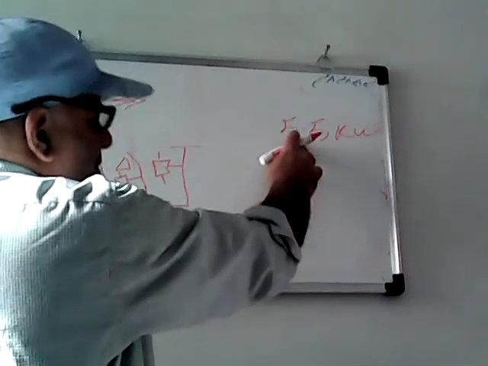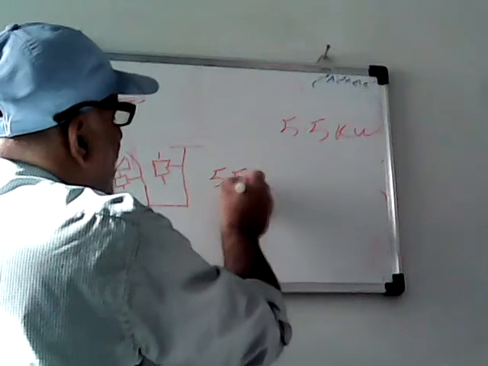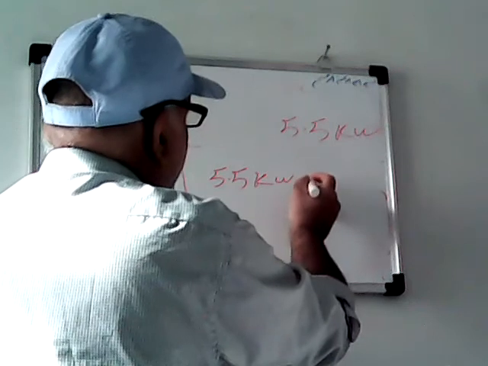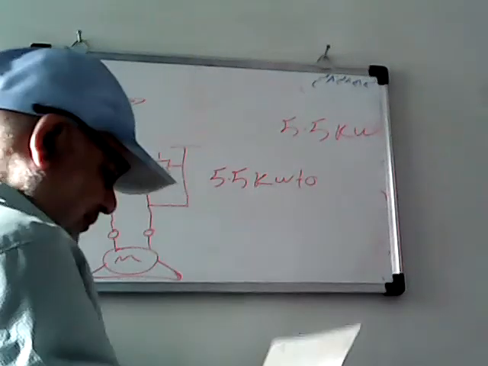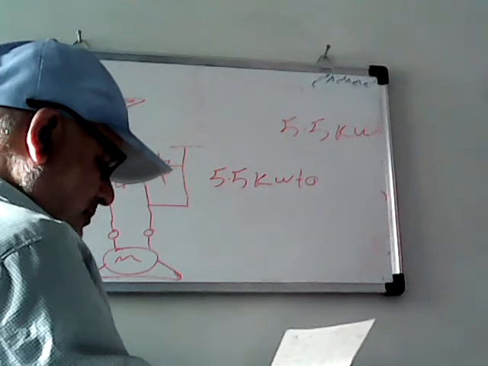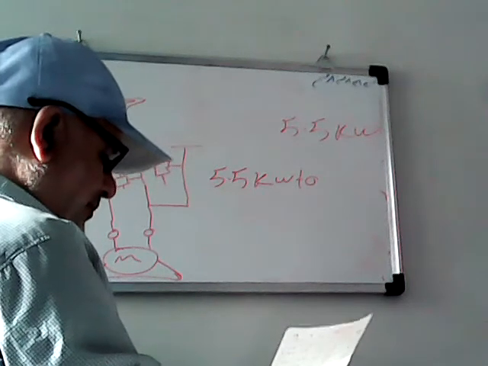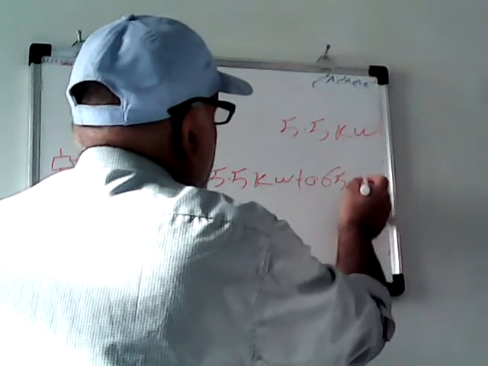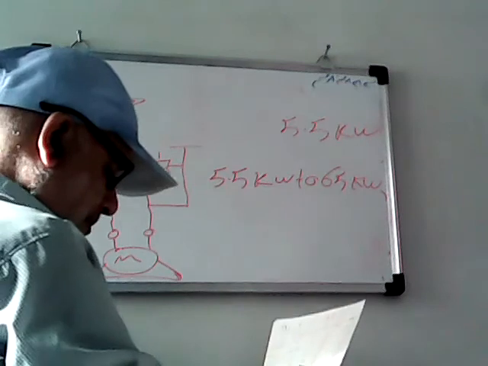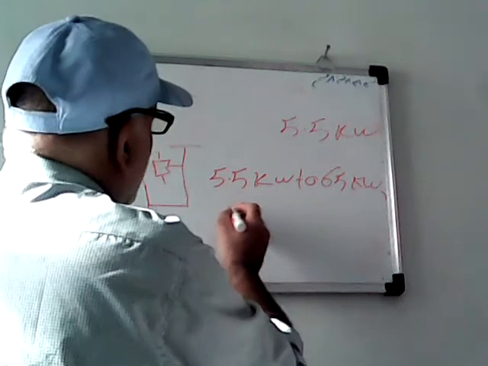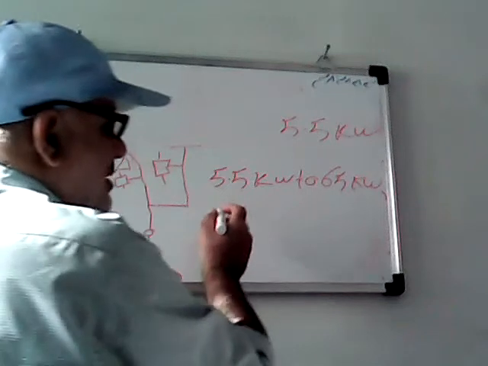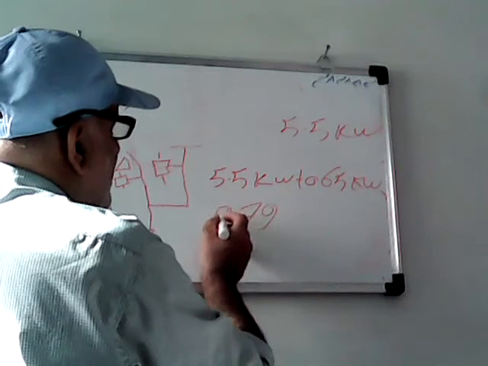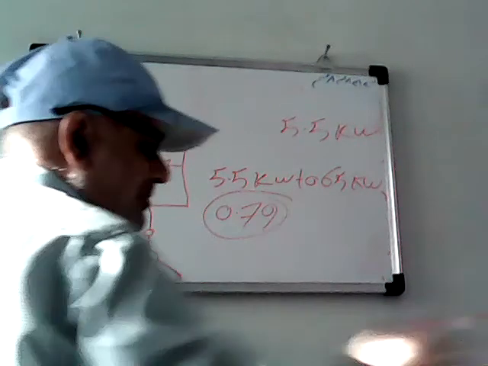Okay, from this 5.5 kilowatt up to 65 kilowatts, your constant number is 0.79. Example.